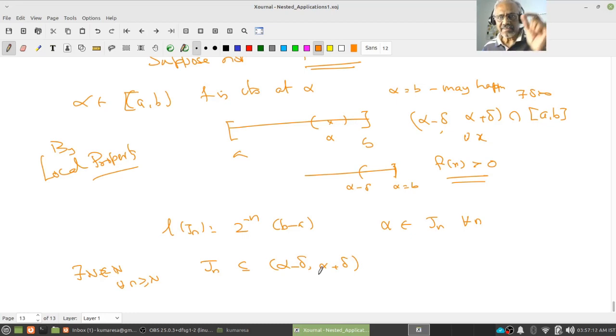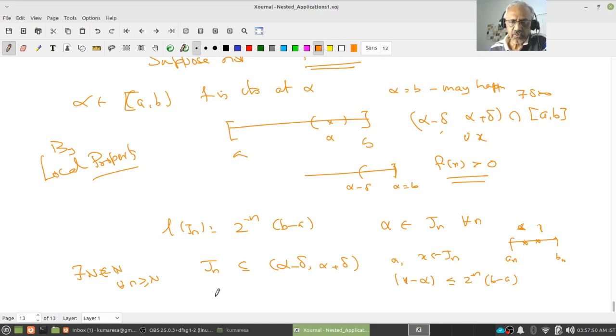Again, this is exactly the same way we argued in the Bolzano-Weierstrass theorem, but let me go through the proof once again. If you are a beginner, it is always good to review the proof again and again. Start with any x in J n. Therefore, the distance between x and alpha, since alpha and x are two points here, they may be somewhere, I don't care, the total length will be less than or equal to 2 to the power minus n into b minus a.